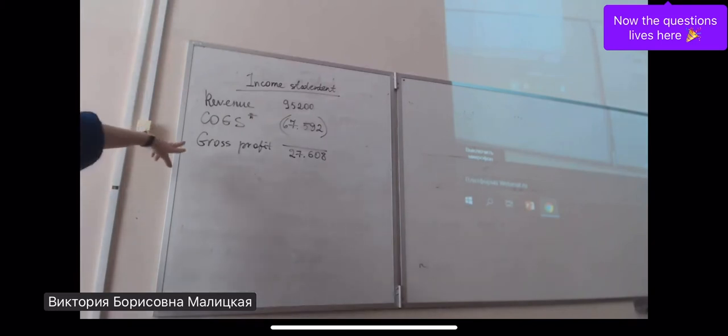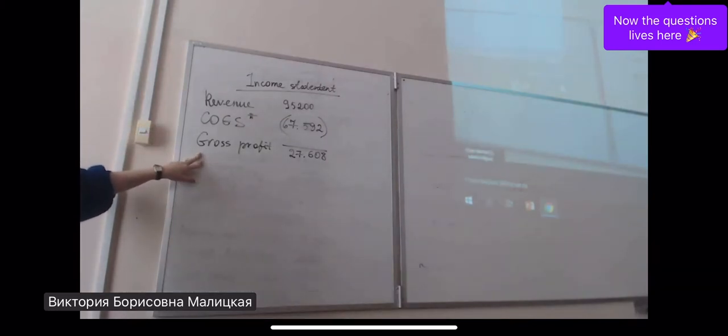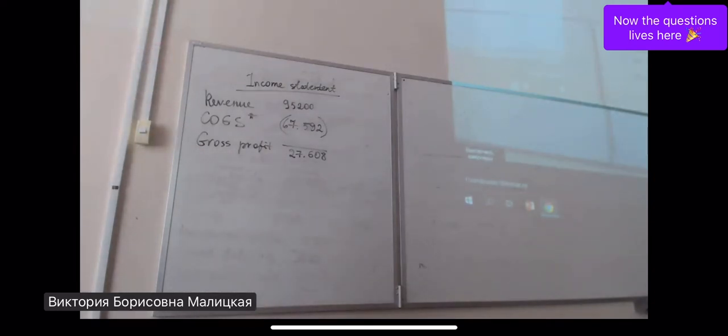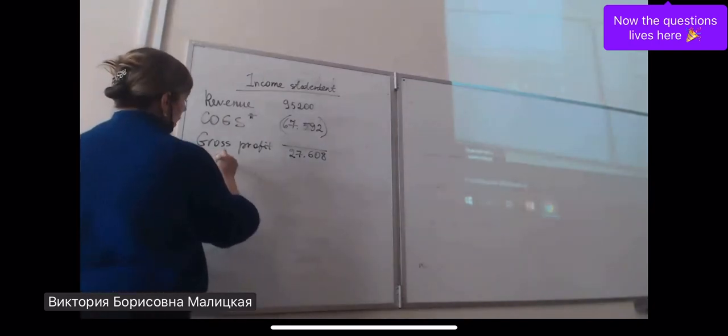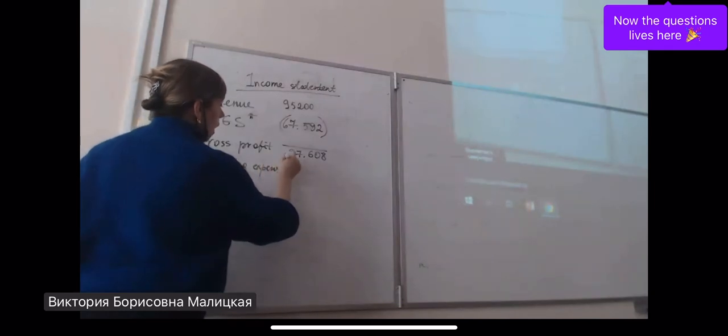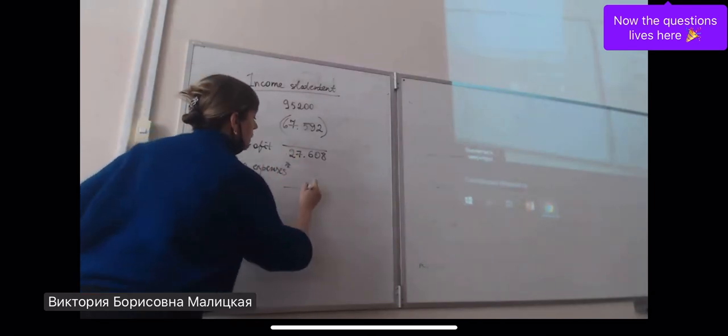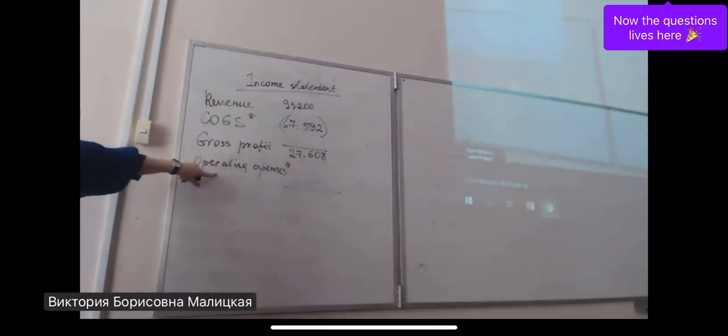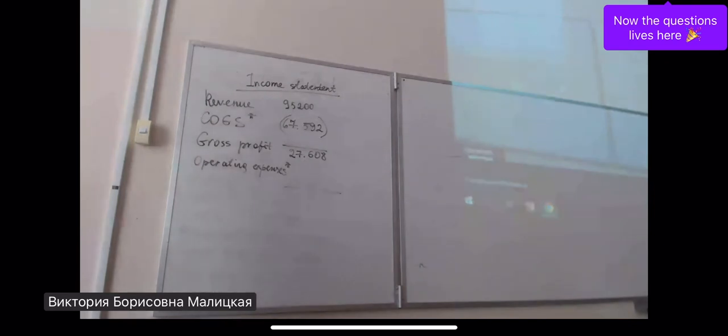Excellent. What follows gross profit? Operating expenses. Selling, general, and administrative expenses, they are all operating expenses. Do you agree? We do not know them. Here, I'm just writing down operating expenses and putting a star. But what is the difference between gross profit and operating expenses? What is it called? Operating profit.